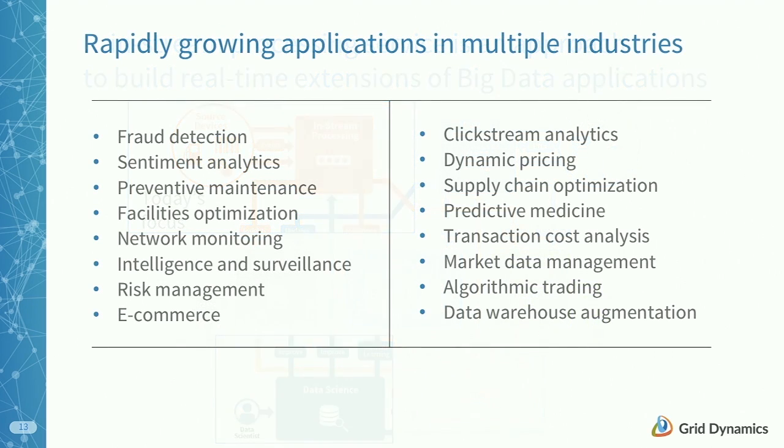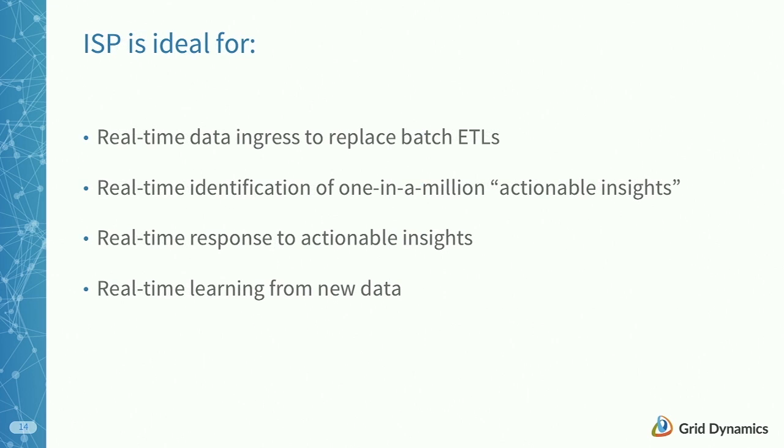Okay. So stream processing is quickly becoming mainstream, growing rapidly across multiple industries. This is just a quick snapshot of some of the by now almost classic applications of stream processing. But for a lot of companies, the journey really is from offline analytics to online analytics.